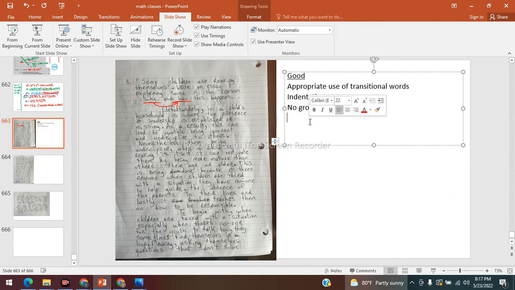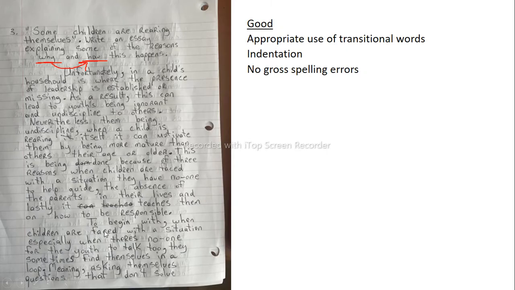It's still only one error. That'd be savage if they actually penalized the entire essay. They ain't gonna do that. Yeah, no gross spelling errors.